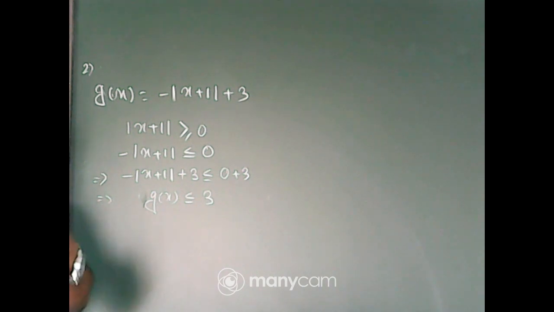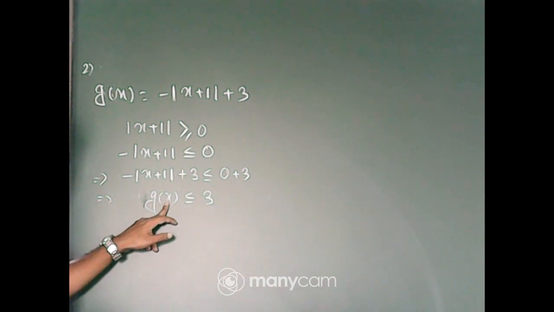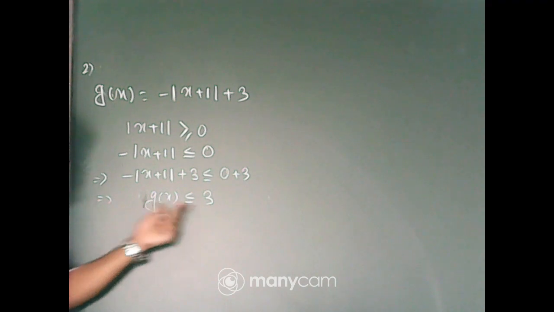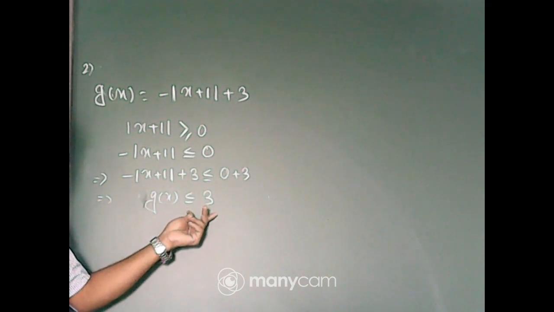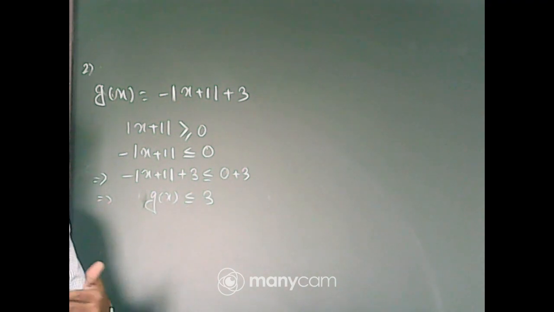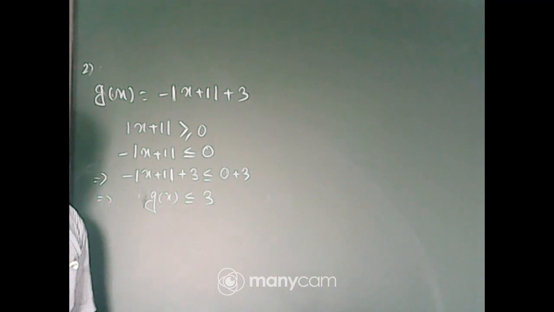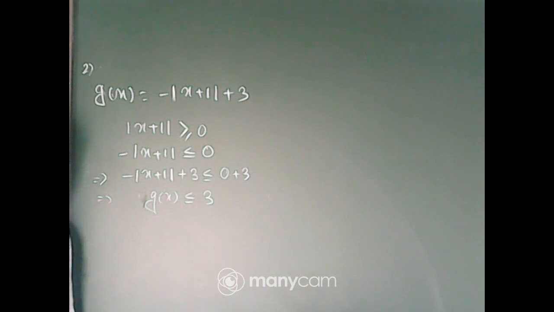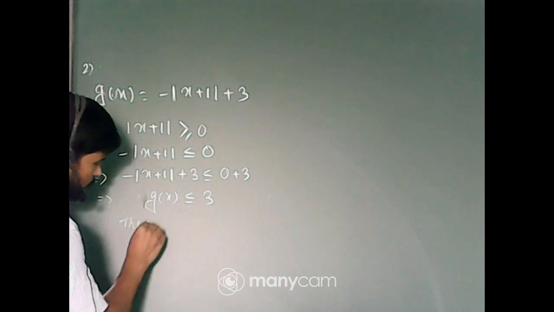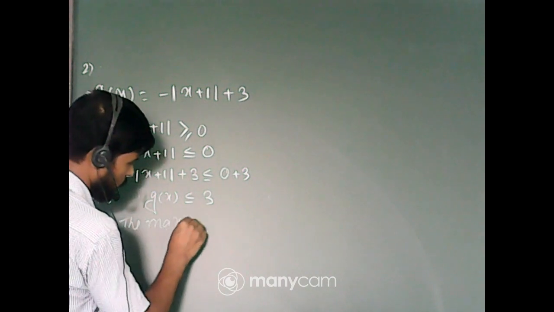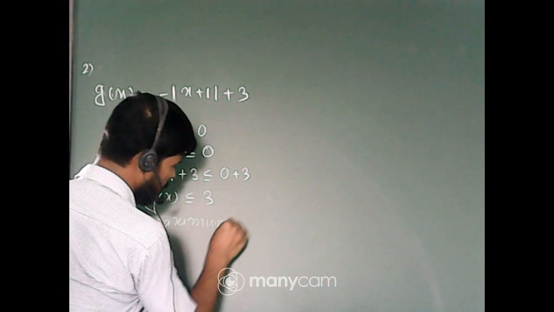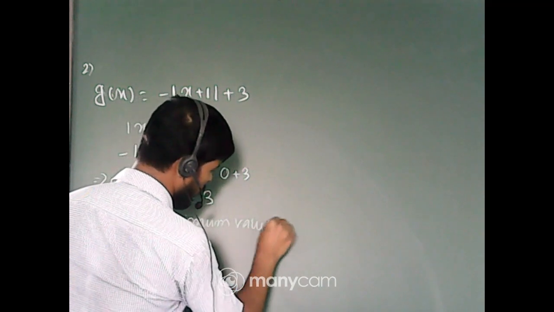So what will be the maximum value of the function? Whatever the value you put here instead of x, the value of the function is always less than or equal to 3. So what will be the maximum value of the function? Yes, the maximum value is 3. Therefore, the maximum value is equal to 3.